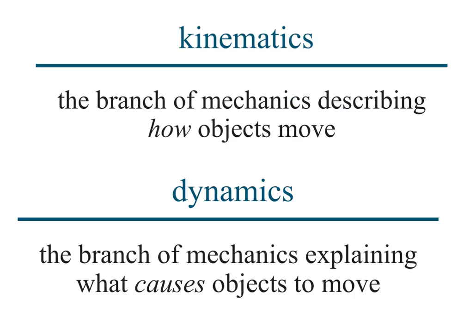And specific are two branches of mechanics that we're going to look at. The first is kinematics, which is how objects move. So, how are these objects actually moving? And then dynamics is the branch of mechanics explaining what causes the objects to move.